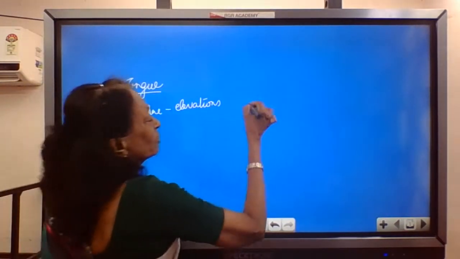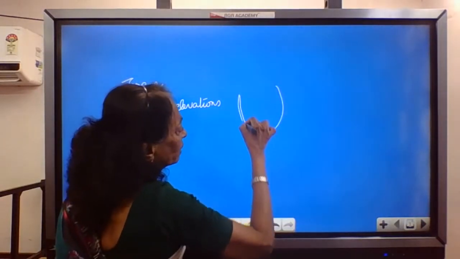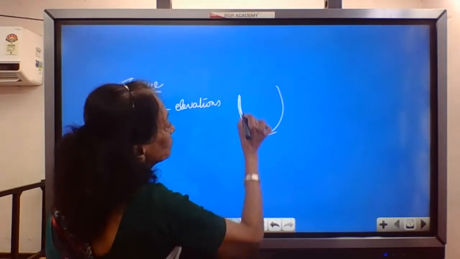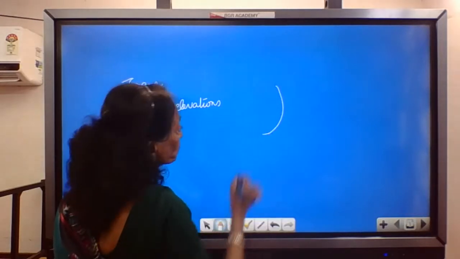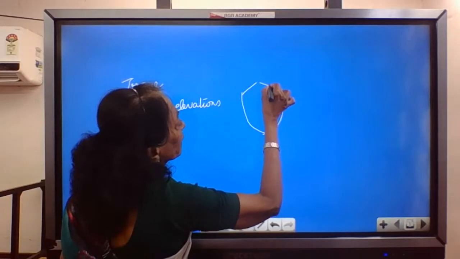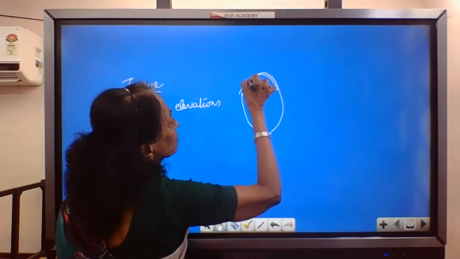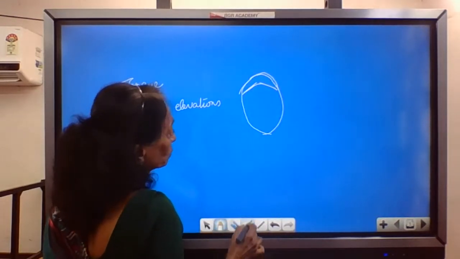If you draw the tongue, it has two different parts: the anterior region and the posterior part, divided as shown. This is the posterior part of the tongue. Very good diagram this is, right?